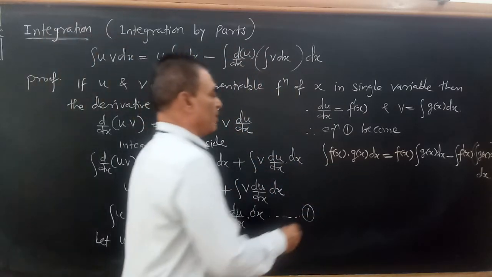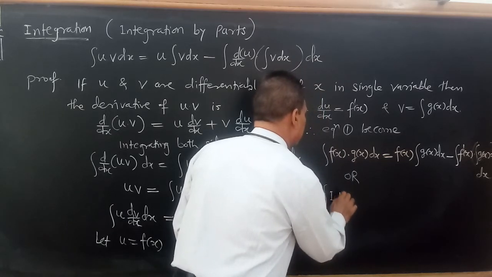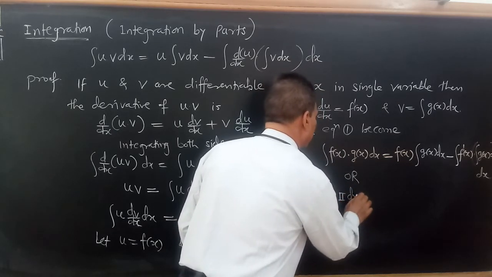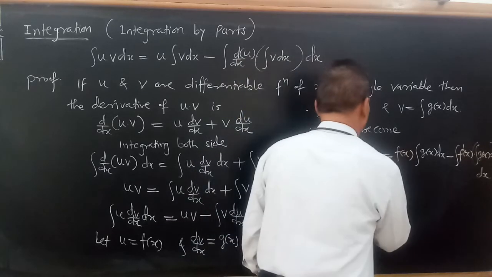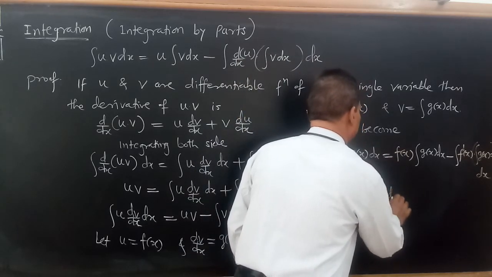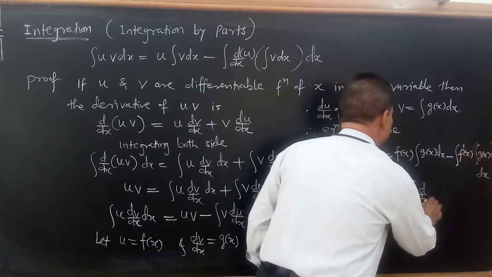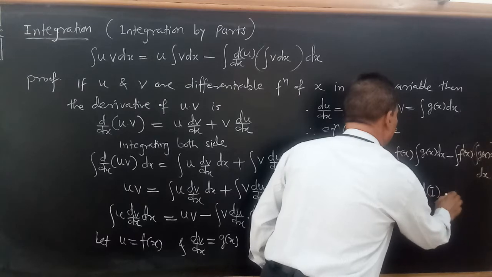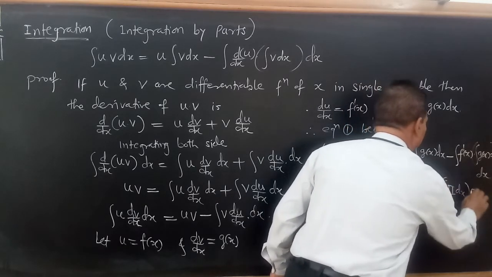Means you can remember it in this way also: integration of first into second function into dx is equal to first function kept as it is, integration of second function into dx, minus integration of derivative of first function into integration of second function into dx.